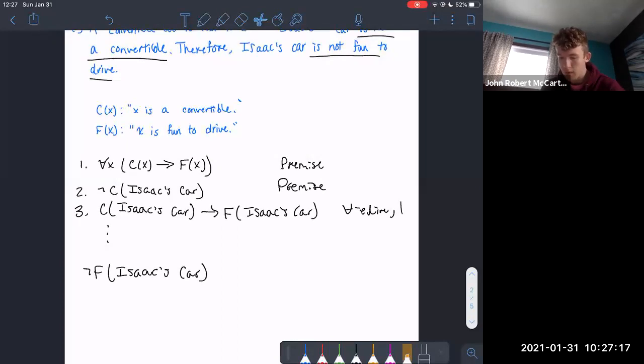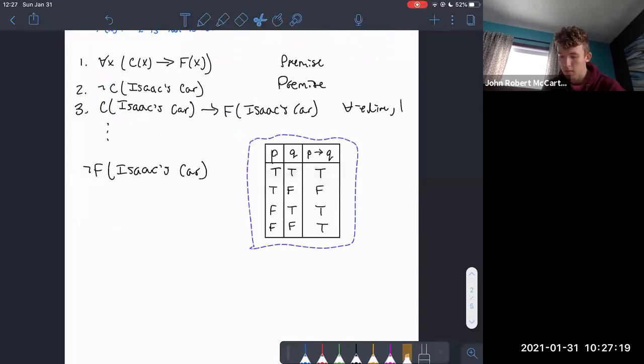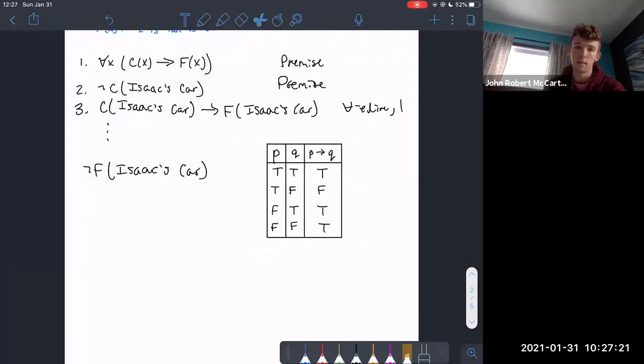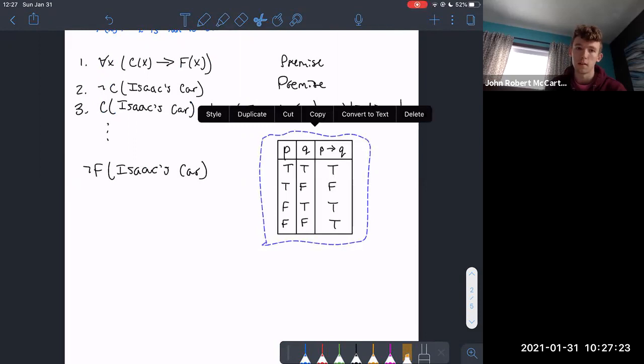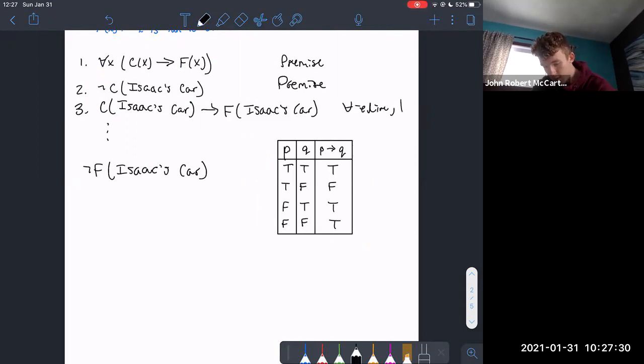Now, to see this, I'm going to use a truth table to reason about why this isn't the case, that we can show that the negation of F of Isaac's car is true. So if you imagine that P is C of X here, and Q is F of X. So we have that P is false.